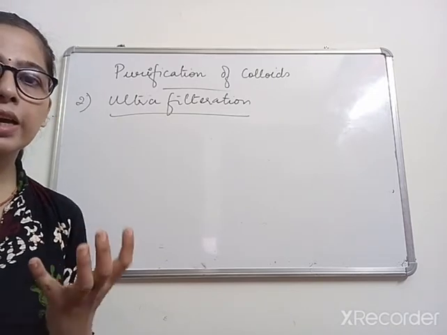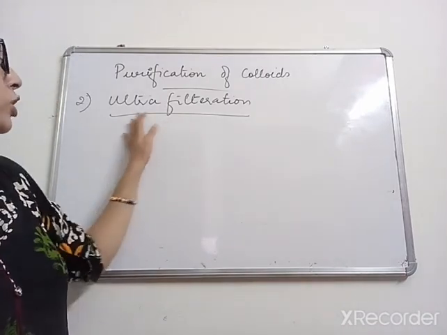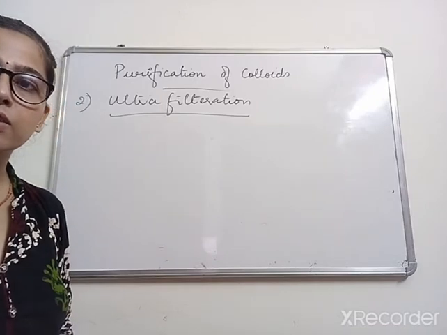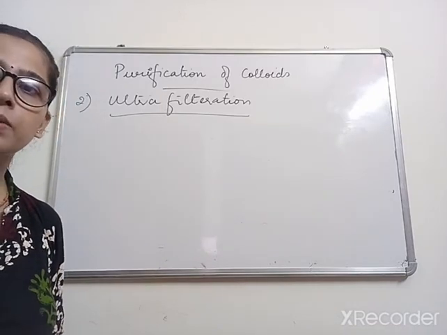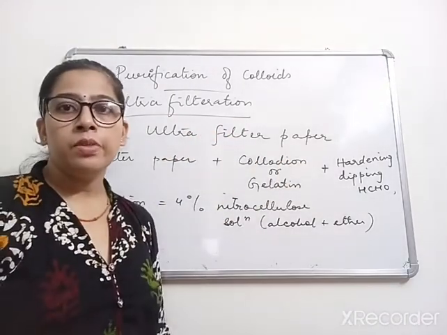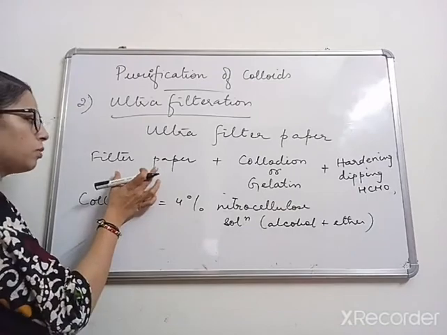ठीक है, तो ये क्या करेगा, उस पेपर पे एक स्पेशली डिजाइन फिल्टर पेपर लेते हैं जो अल्ट्रा फिल्टर की तरह एक्ट करता है और कोलोइड में से इम्प्योरिटीज को फिल्टर या रिमूव करने में हेल्प करता है. So here we take ultra filter paper, a specially designed filter paper made by using a normal filter paper.